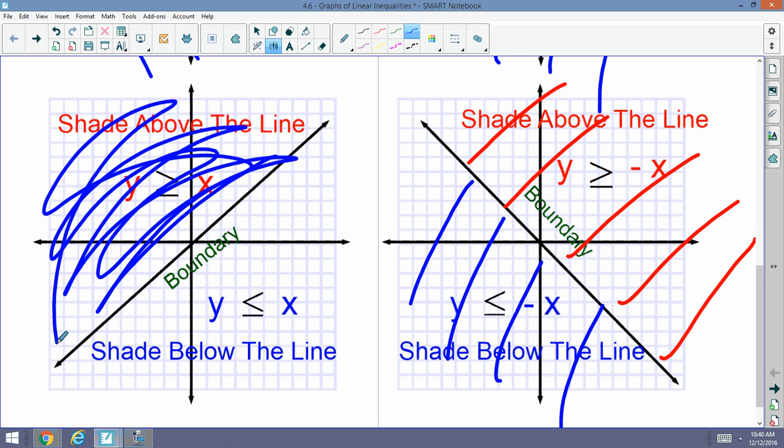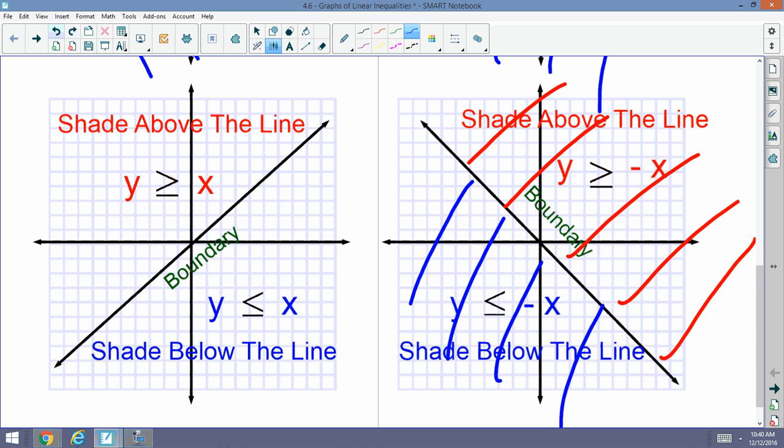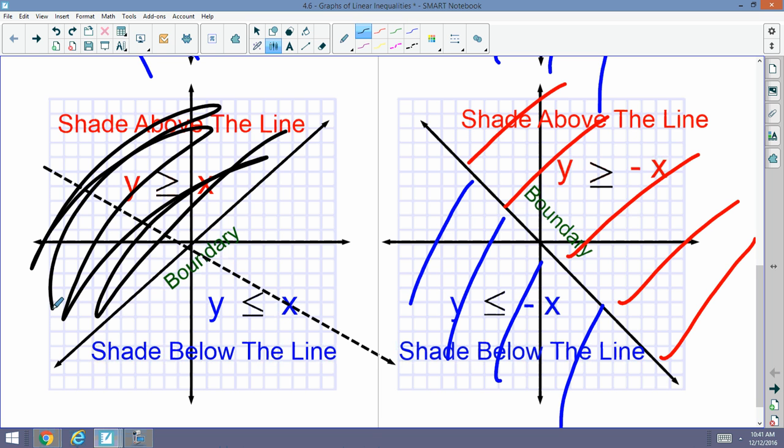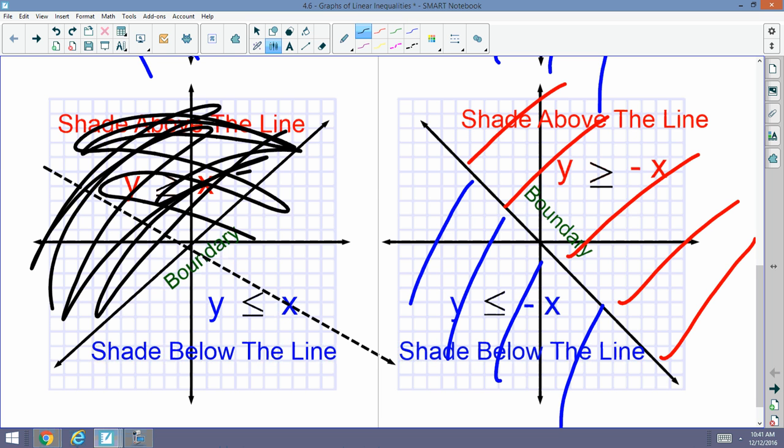However, when we further go on to systems of equations, you're going to have simultaneously another line. And maybe you'll have a line going this way. And you have to see where both shadings intersect. If you shaded like this, and then you shaded this one like this, do you have any idea where they intersected?